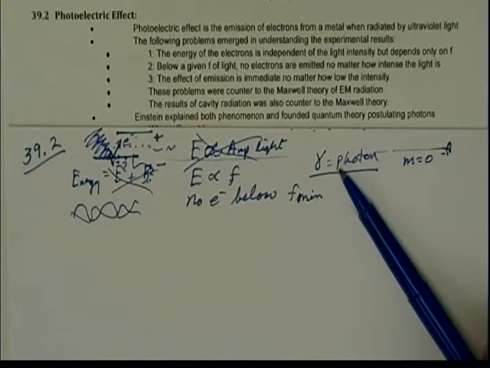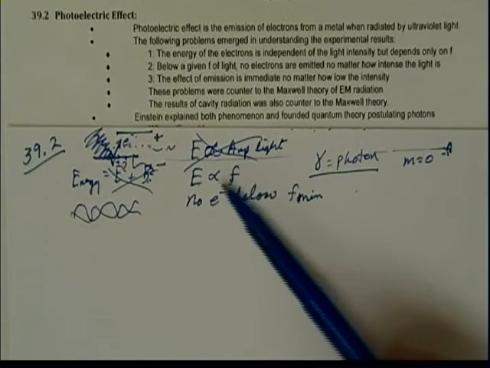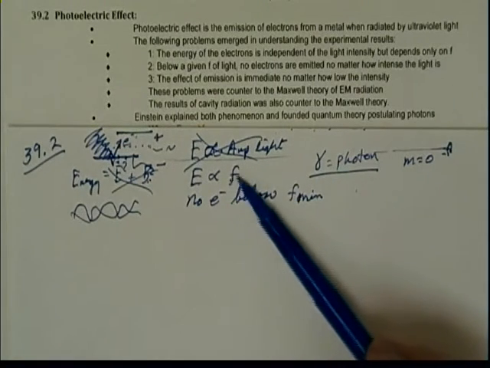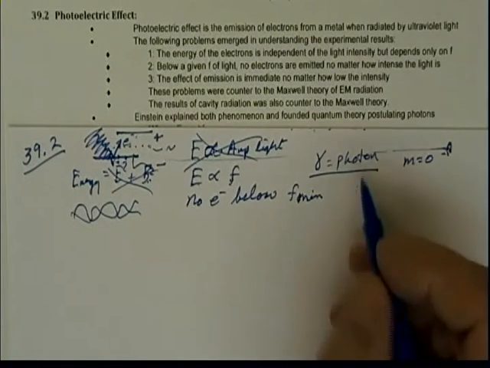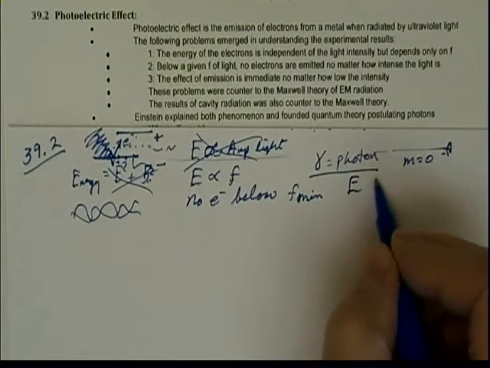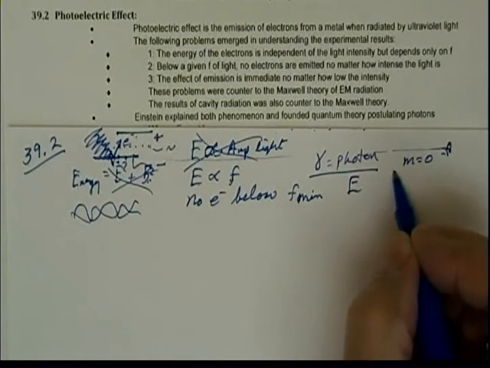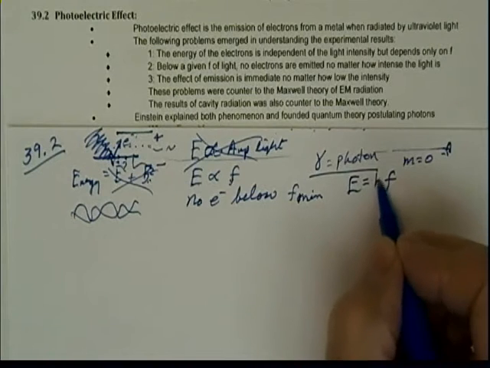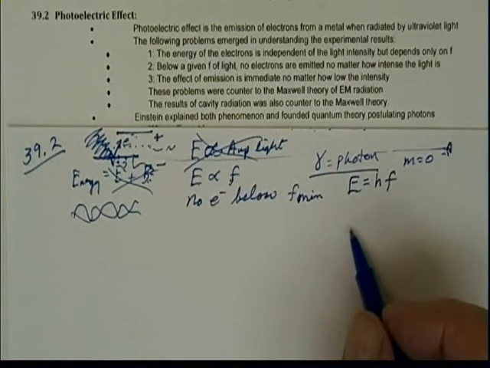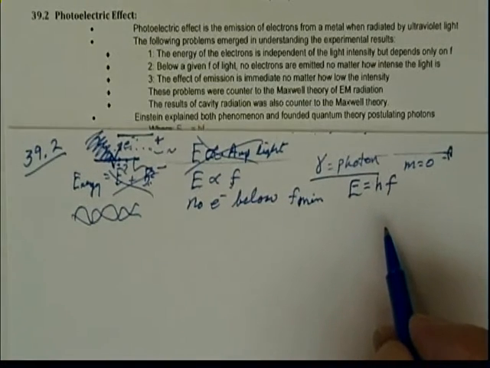And you could see how he derived that. If you just look at the data, it says energy is proportional to frequency. Well, let's just take what it says and believe that. And so he said the energy of the photon is proportional to the frequency. And he said the constant of proportionality is Planck's constant.